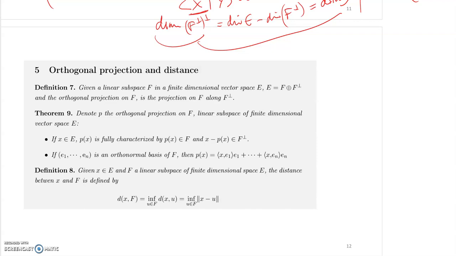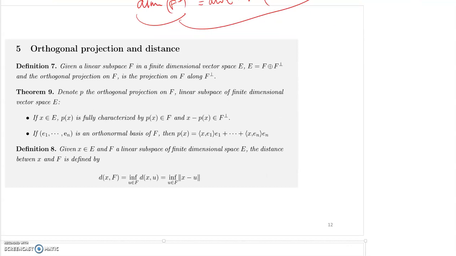So it's called Euclidean space, and it makes things very nice to work with. That leads us to orthogonal projection and distance.